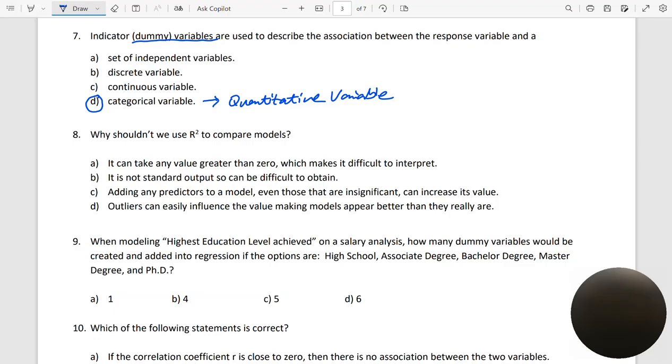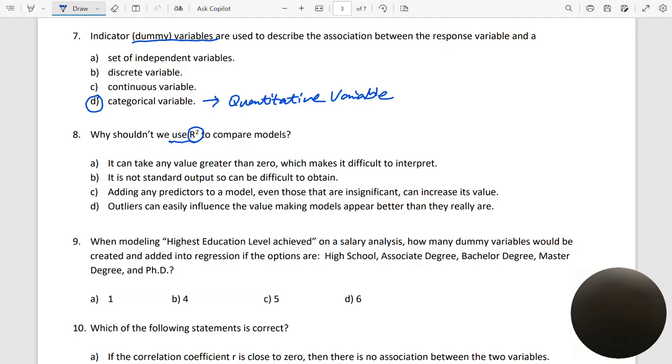Adding any predictors to a model, even those that are insignificant, can still increase its value. Outliers can easily influence the value, making models appear better than they really are. So which one is the reason why we don't use R-squared to compare models?